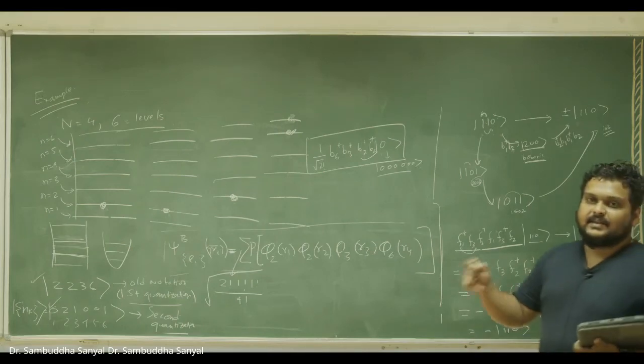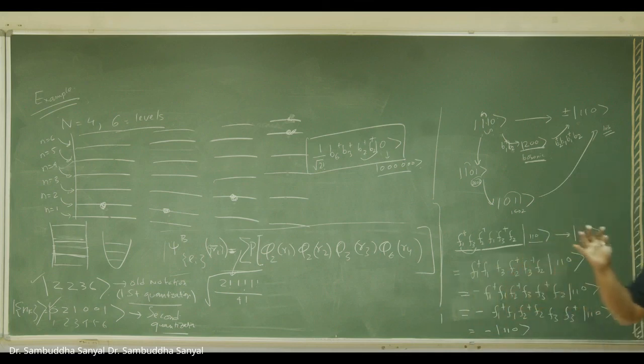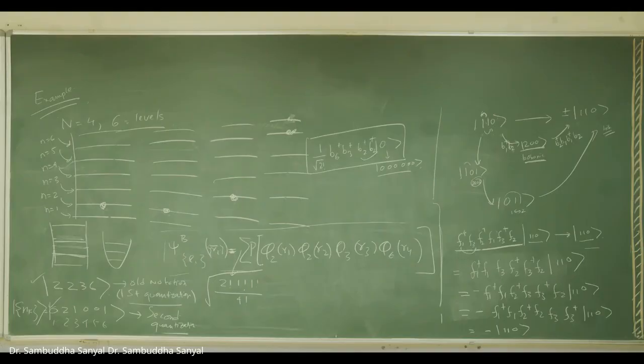So what I'm trying to say is that this, in the algebra of F... Yes? Sir, in that last line, if we do F3 dagger F3, it will be 110. No, whatever you do, it will be 110. You can do F3 dagger F3, but for that you have to do the following: 1 plus F3 dagger F3, right?